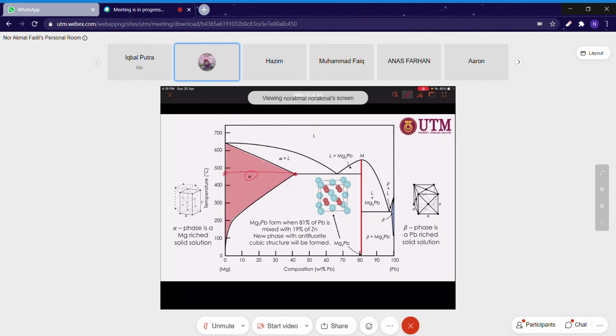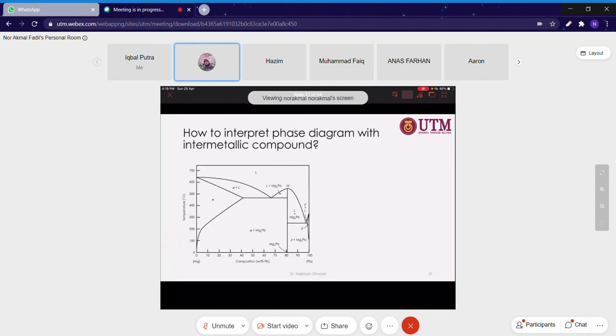The cubic structure, you don't have to memorize it, this information is available in the database. You can Google it. In this example, I just want to show it is still a cubic structure, but it is an anti-fluorite cubic structure, so it is different compared to the magnesium and plumbum crystal structures.